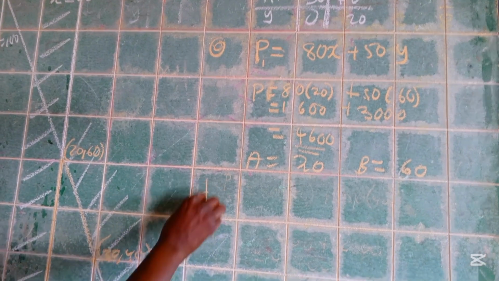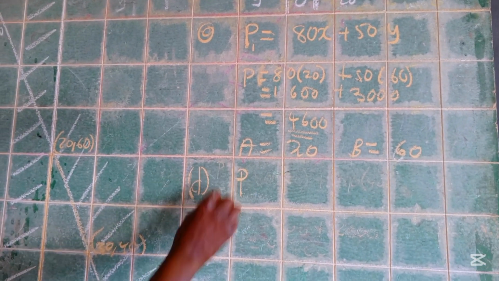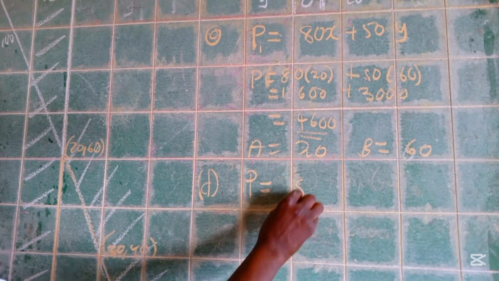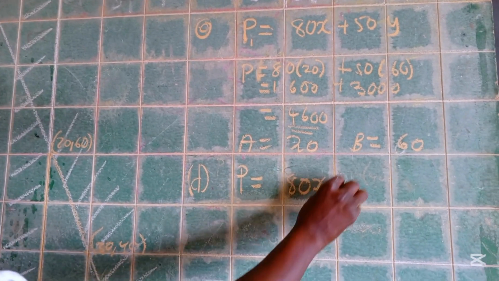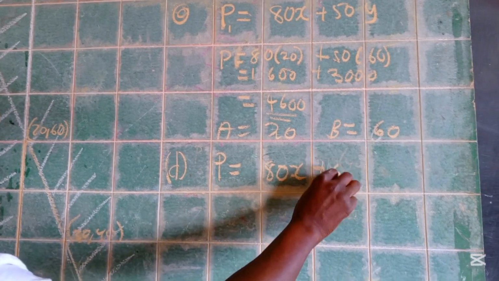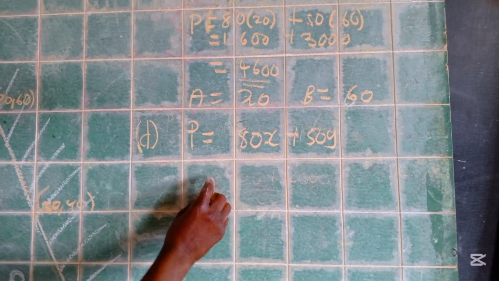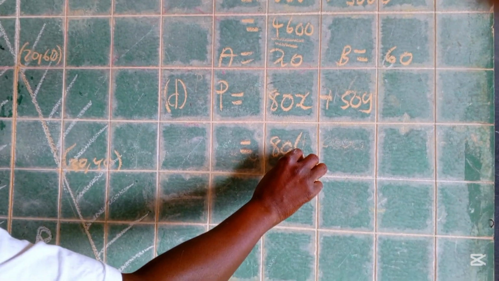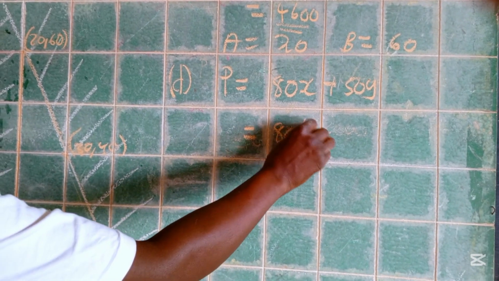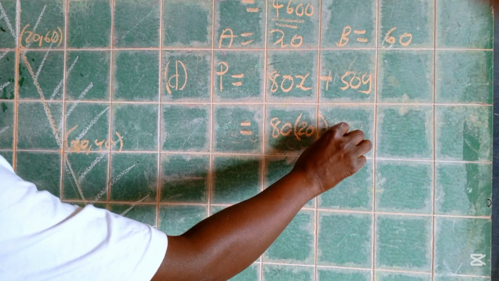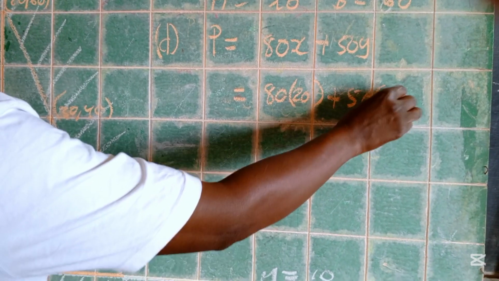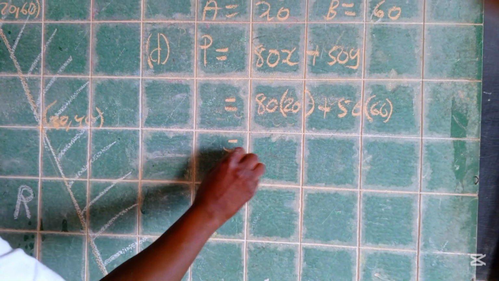They are saying now, how do we find the maximum profit? It's simple now. Now that I know that it's 80x plus 50y, what I'll do is I'll put 80 open brackets, I put the 20 there, and then I'll show, you have to show this equals to 60, and then you do the needful.